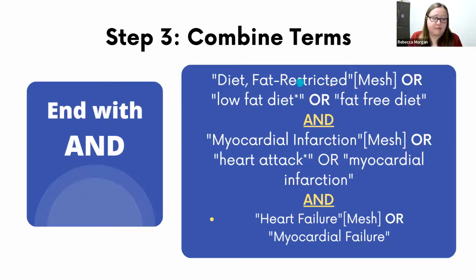Diet, comma, fat restricted is awfully clunky. I don't think it would be written this way in an article, so I didn't do it here. But myocardial infarction, it made sense to do it. And then heart failure. Honestly, I should have had heart failure here as a second OR in natural language. That's a mistake on my part.